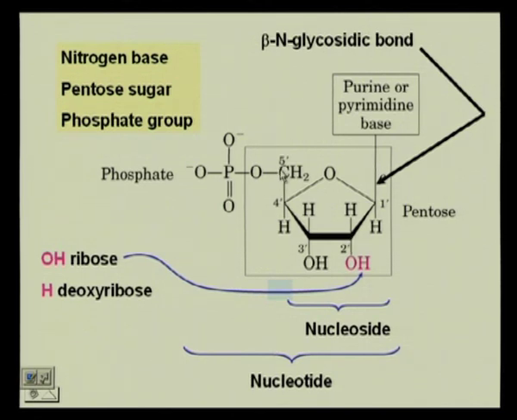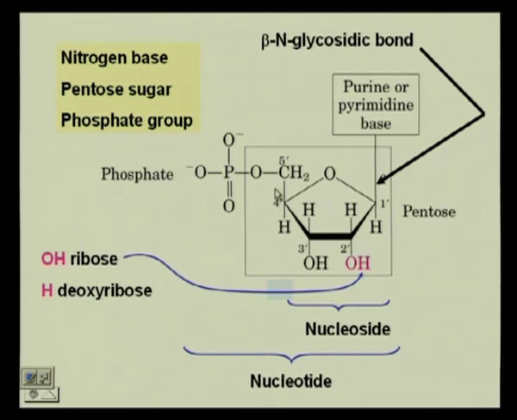Then you have the phosphate attached to the 5' where you have either just one phosphate or you can have 3 phosphates, as we looked at the structure of ATP. So, when we have the OH, we have the ribose, when we have just the H, we have the deoxyribose, and we know how to designate these by writing either a small d or without the d when we want to specify a ribose sugar.